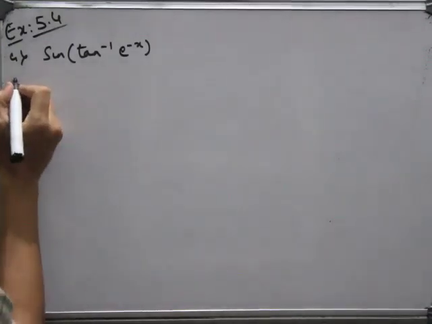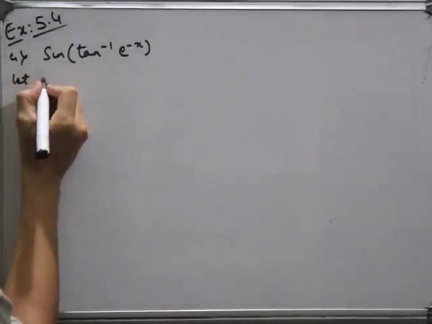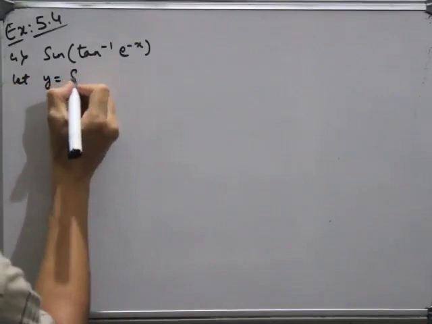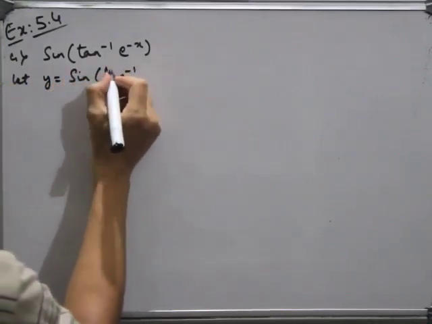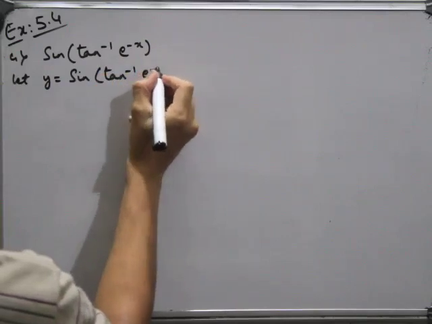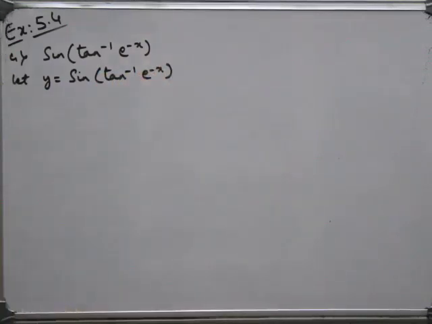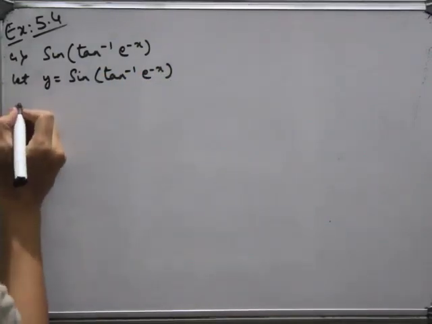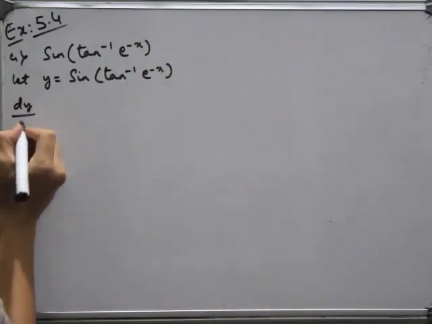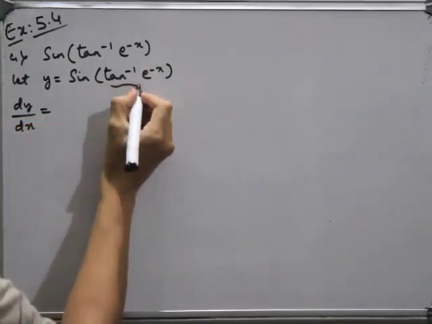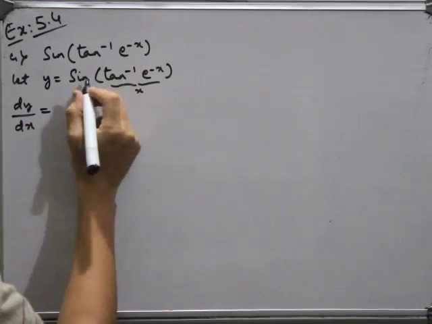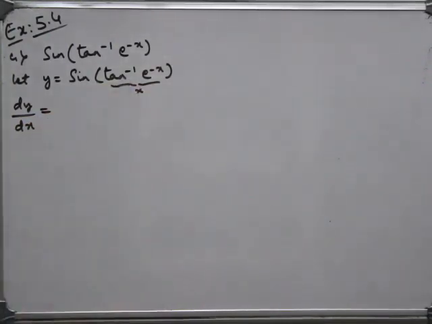First, let y is equal to sine of tan inverse of e to the power of minus x. Now differentiate. dy by dx is equal to, as I said, consider the inside as x. Now you can read it as sin x.